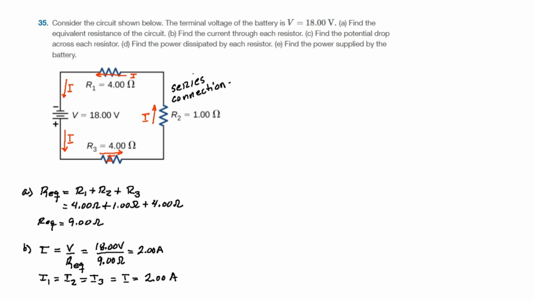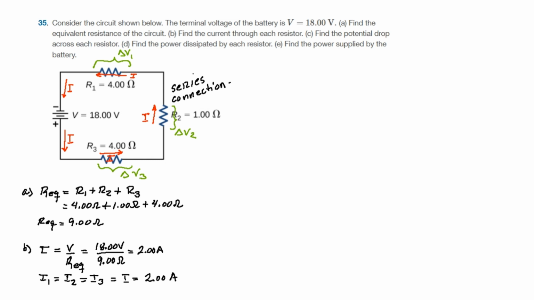Now, they want you to find the variation of voltage across the resistors. So we know that there will be a delta V1 across resistor 1, across resistor 2 there should be a delta V2, a drop of voltage, and across this other resistor there should be a delta V3, another variation of voltage, right?